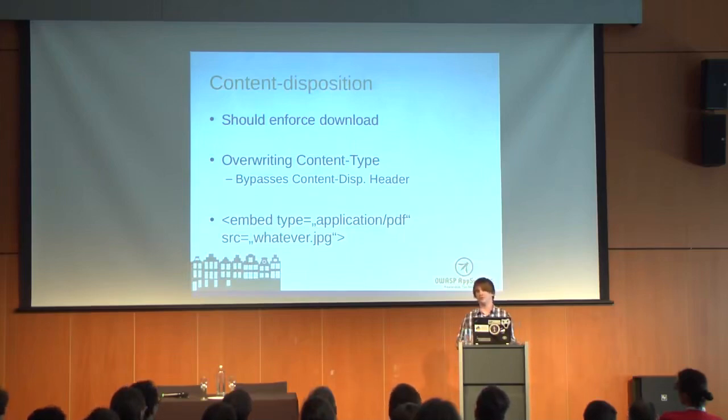Then the browser will see, okay, I will pass this on to the Adobe reader, and it will just render it without any problem. So don't rely on this, because a lot of people don't believe that the browser will download the file, but it's not always the case.